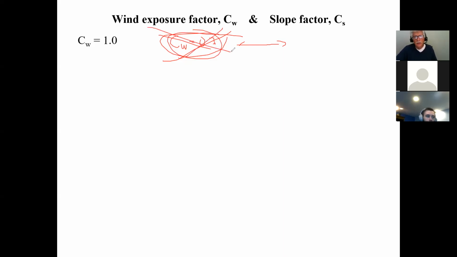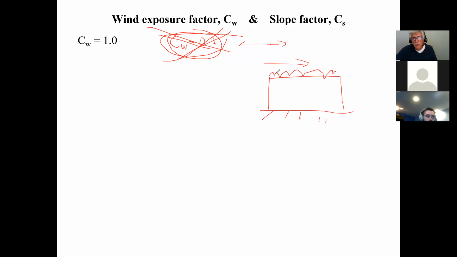If ever you go into the building codes, you will see this mentioned, because this is a sweeping factor. You know that the wind will sweep some of the snow off the roof, and therefore you can reduce the snow load on your roof. So this is my roof here, and then here's my snow on the roof.